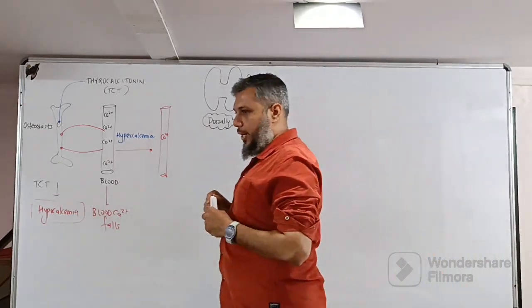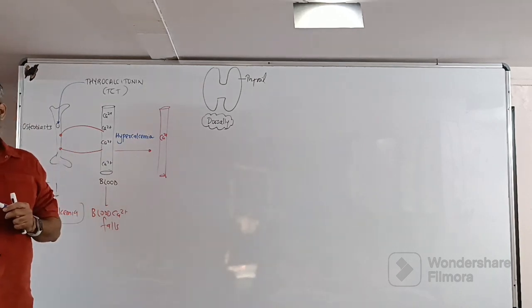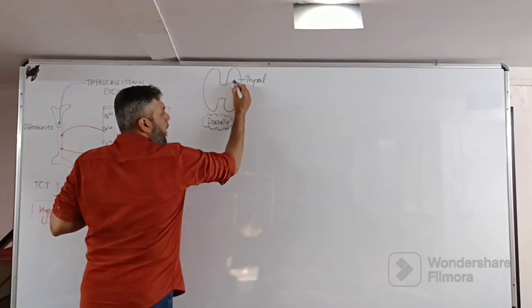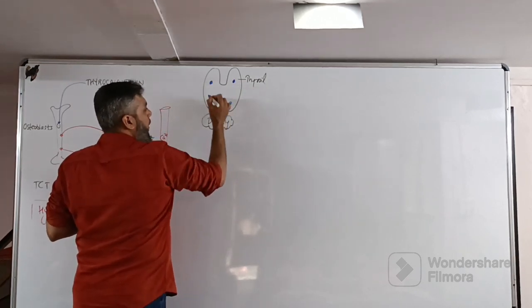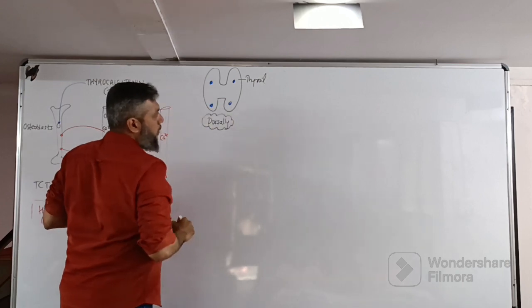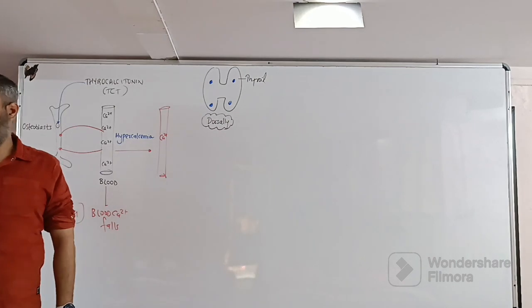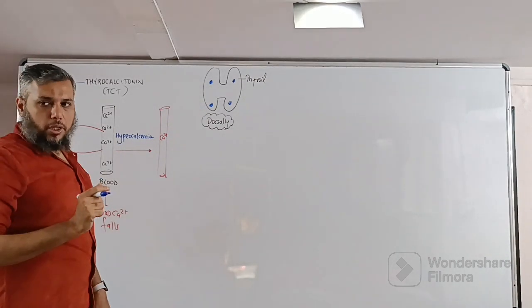So on the thyroid, I see the presence of 4 small glands embedded, that is, sunk within the thyroid. And what are these glands called? Parathyroid glands. So you understood the location of parathyroid?